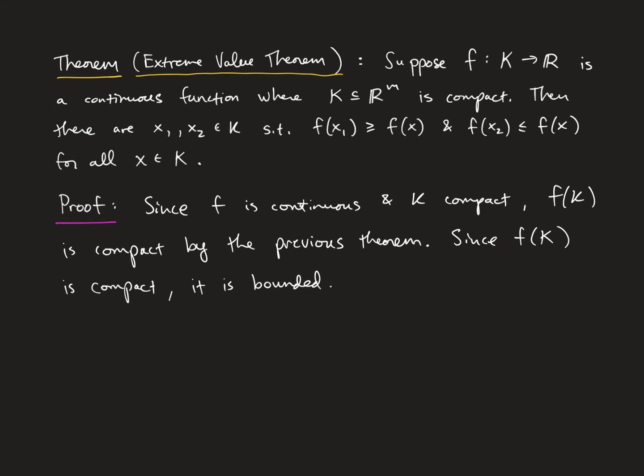And so we have a bounded set, right? So it's bounded from above and bounded from below. So by the axiom of completeness, f of K has a sup and an inf.